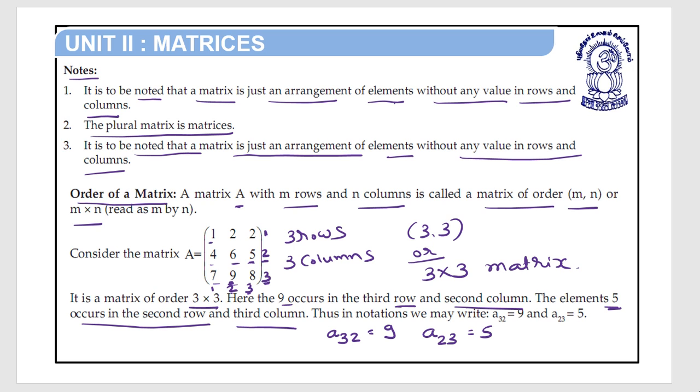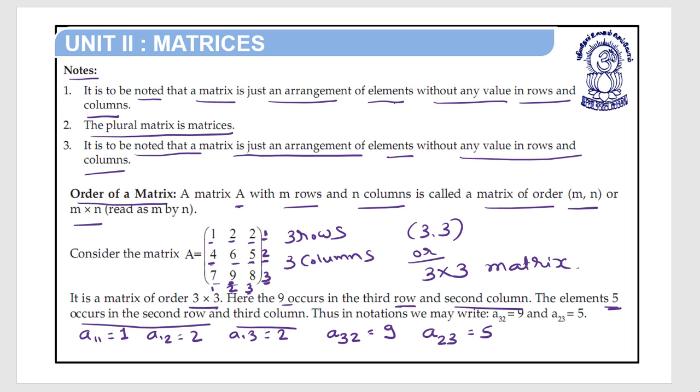For 1, first row first column, so you can write A11 is equal to 1. For 2, first row second column, so A12 is equal to 2. For 2 next, first row third column, so A13 is equal to 2.